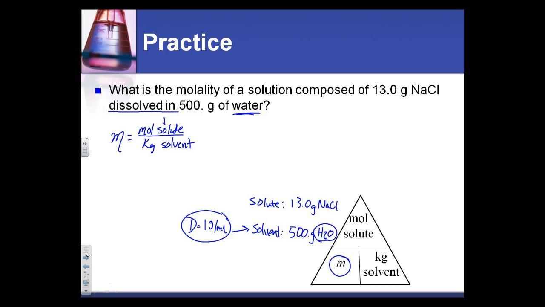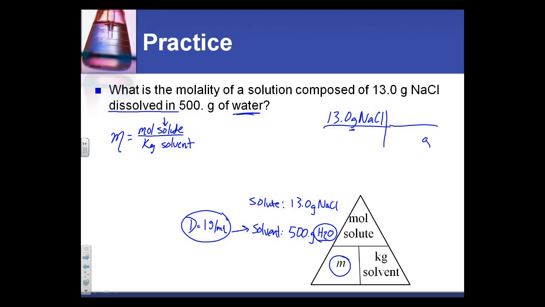If we look at our solute, we need that in moles, but I have it in grams. So what we're going to have to do is convert grams to moles. How do we convert grams to moles? Molar mass. So we're going to be using that periodic table. So 13 grams of sodium chloride, and I need the molar mass of that. Sodium is 22.99. Chlorine is 35.45. So the molar mass of sodium chloride is 58.44 grams per mole.